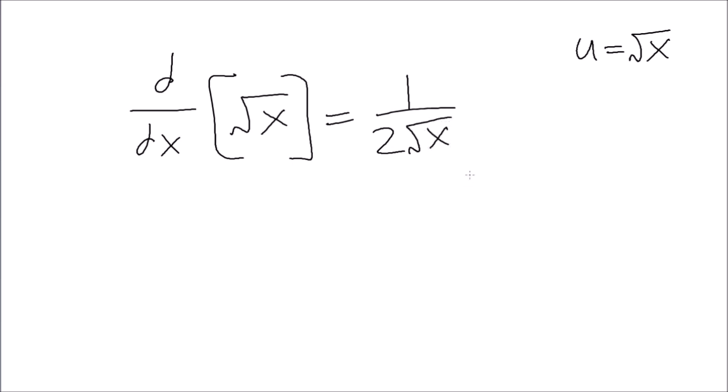That 2 comes from the exponent: when you differentiate, the 2 comes out, and when you subtract 1, it becomes a negative exponent. That's why it is underneath, and the 2 is right there. So the derivative is 1 over 2 square root of x.